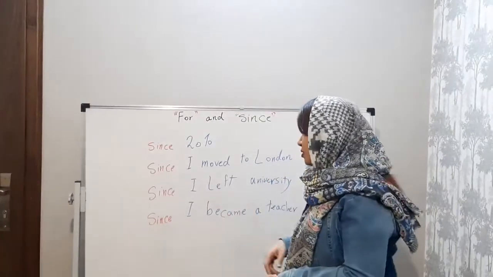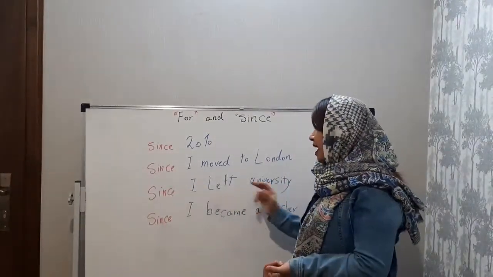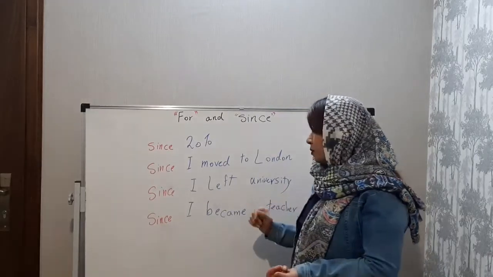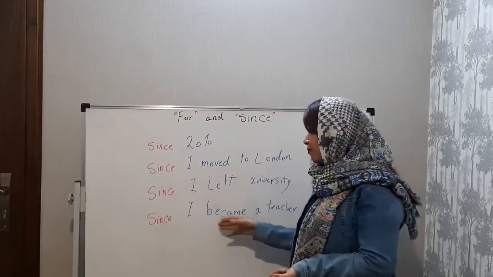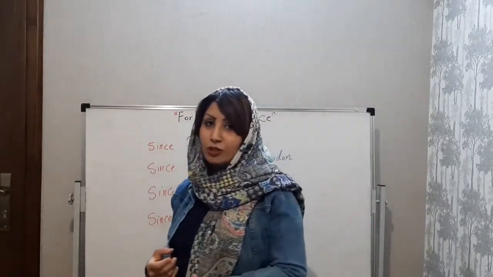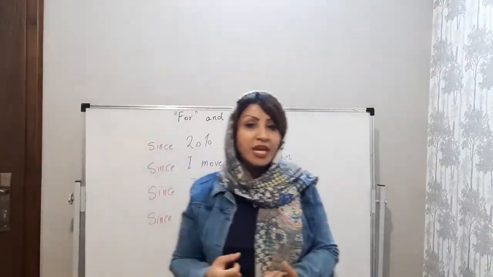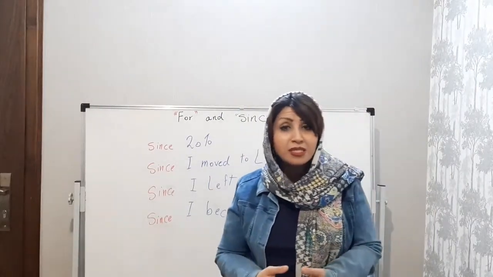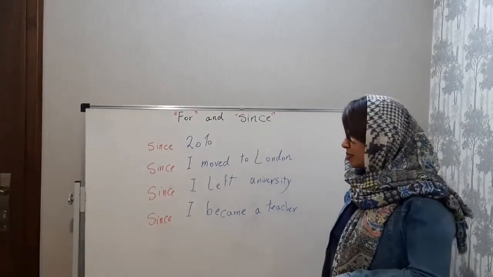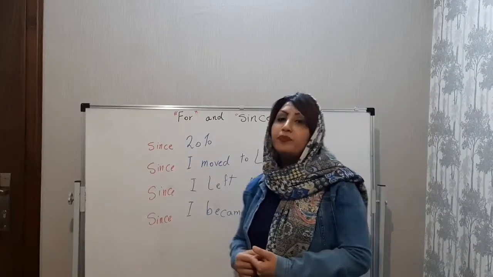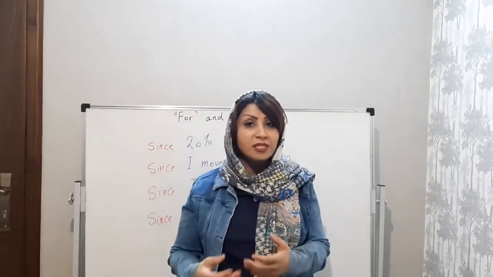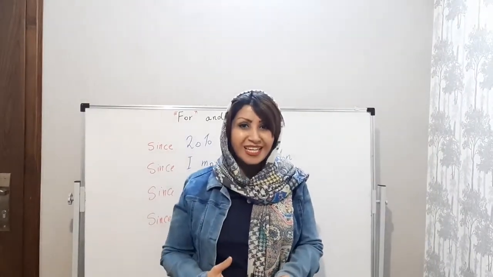Since I left is the past tense again. Since I became a teacher. Became here is a past tense, and I use it with since. So, let's go through the next part that I want to explain more about since and for, I mean the common mistakes. Let's go.